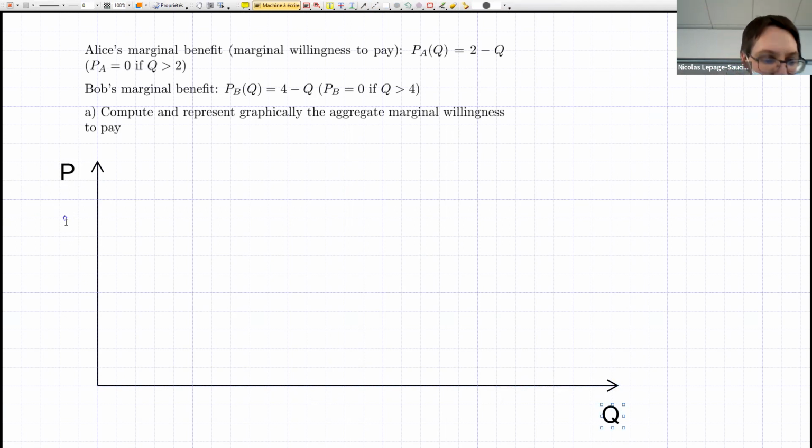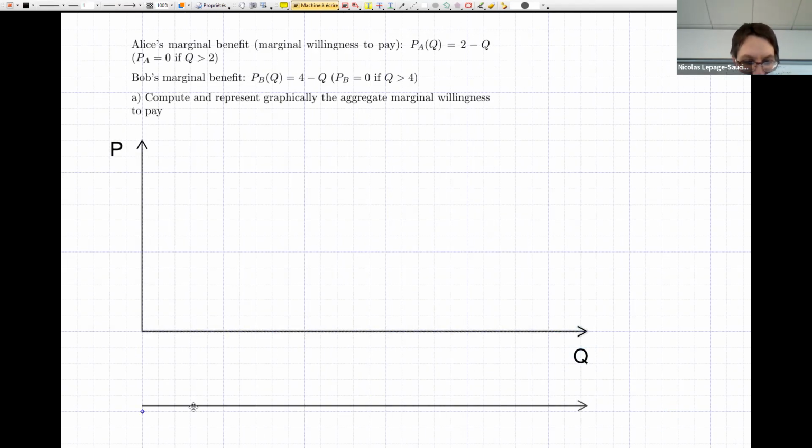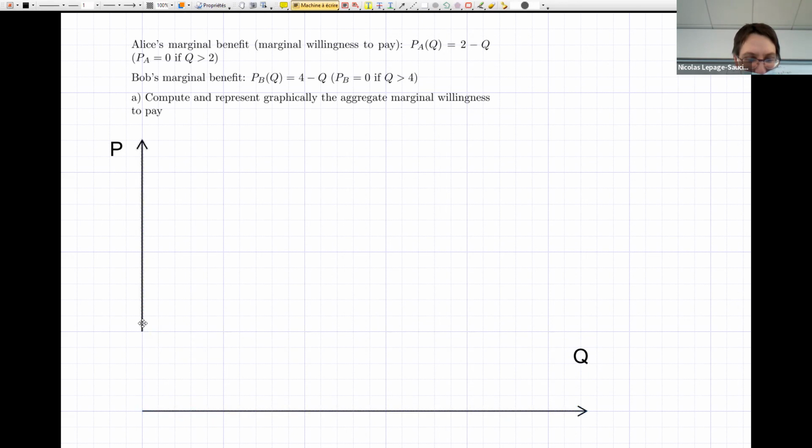Oh, gee, I didn't think properly. Should I allocate? Okay, let's do it. I was thinking the wrong things. This would be better: 2, 6. This is 2, so this is 6.